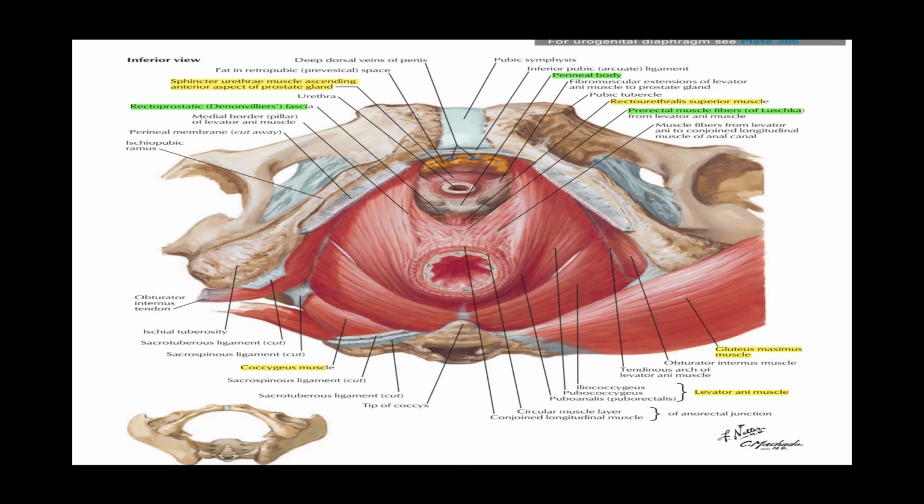The perineum plays more role with our external genitalia and the anal canal, whereas the pelvis plays more role with the rectum. When the rectum gets closer to the exterior, it becomes the anal canal, and at that point we begin to have the perineal space. We'll look at the perineal space in another video. It's quite interesting.